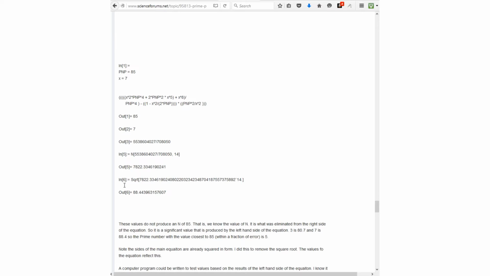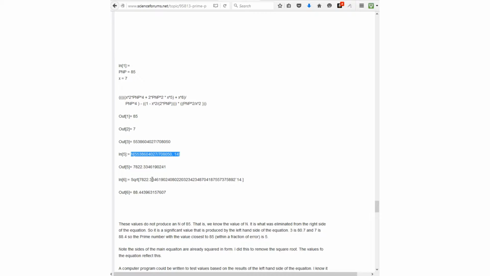So then we try a higher prime number when we know x. When we know PMP, the given PMP is equal to 85 again. We enter an x of 7, and we put it into this equation, and we see the output as 85, and the equation output is that, and the numerical value of that is that.